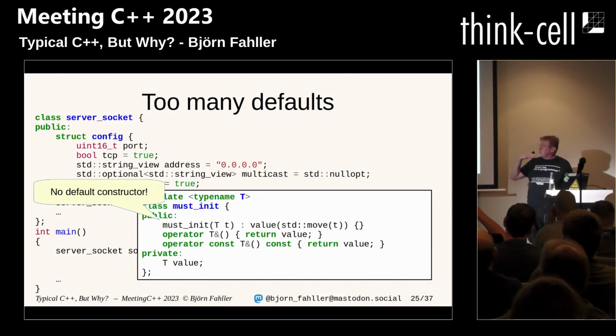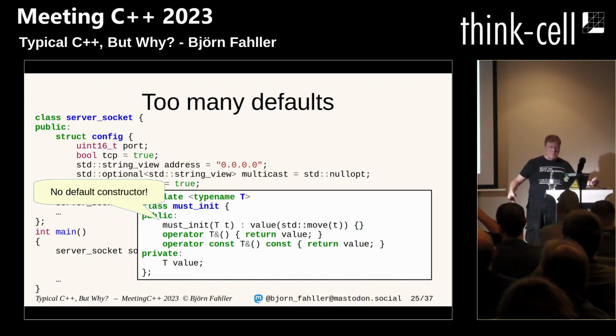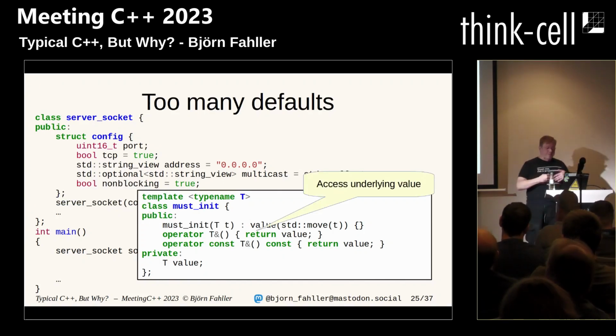But when you have added a constructor that takes some type or several, the compiler is not allowed to generate a default constructor for you. So by having this must_init that takes a value, you don't have a default constructor. And then we have these conversion operators to get the underlying data.